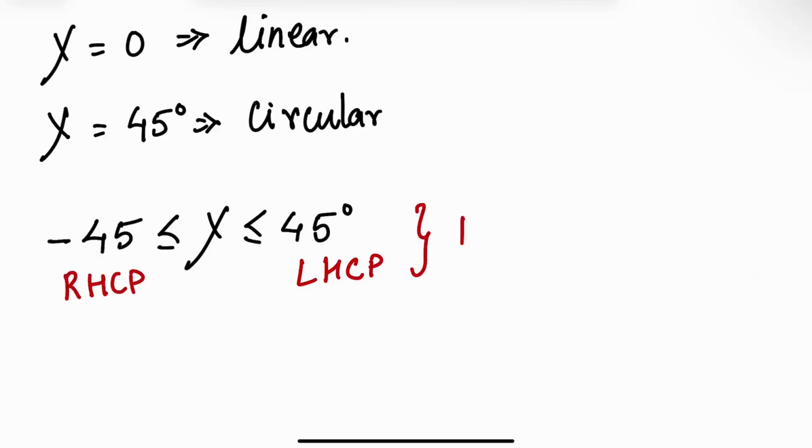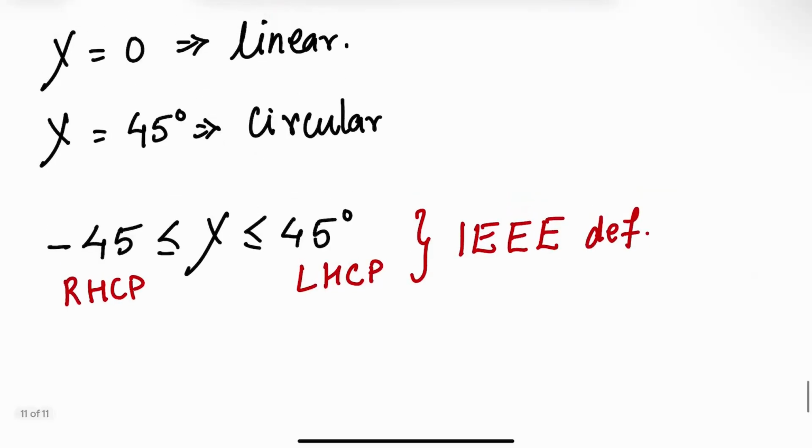This is the IEEE convention, which is different from the optics convention, so it's important to remember that. When chi is 45, you have LHCP. When chi is minus 45, you have RHCP. When chi is 0, you have linear. In between these values, you have elliptical polarization.